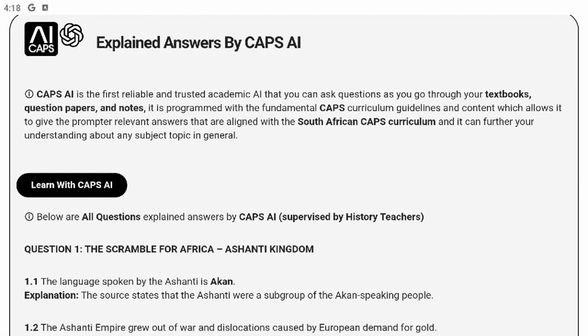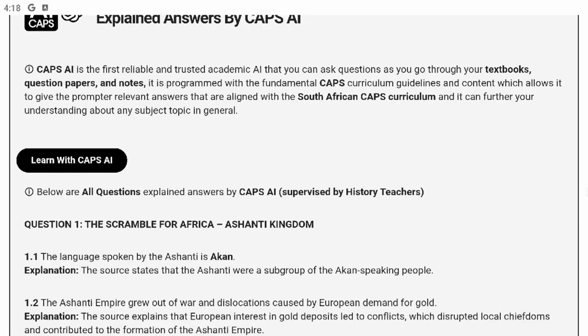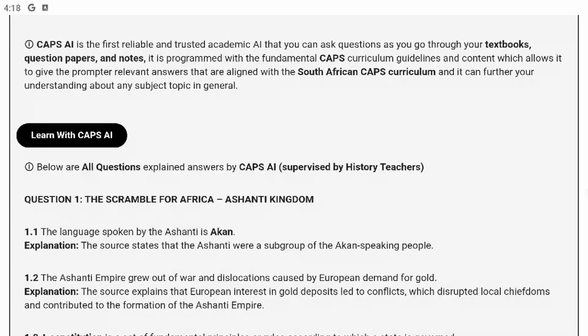So as you can see for 1.1, the language spoken by the Ashanti is Akan. The explanation says the source states that the Ashanti were a subgroup of the Akan-speaking people. So this was within the context, right?